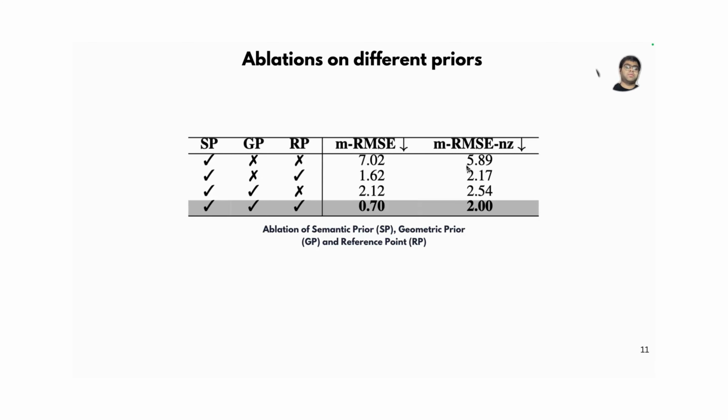Next, we analyze the importance of the reference point selection method. OmniCount employs a reference point selection method based on the feature activation from the semantic priors. These reference points are then fed into SAM for improved segmentation and object counting.